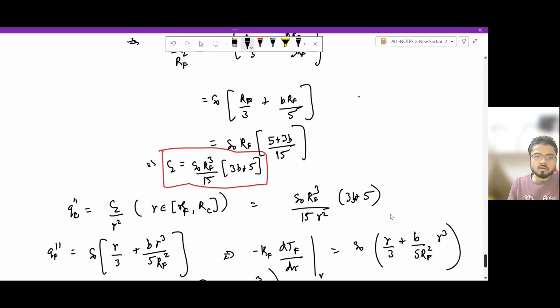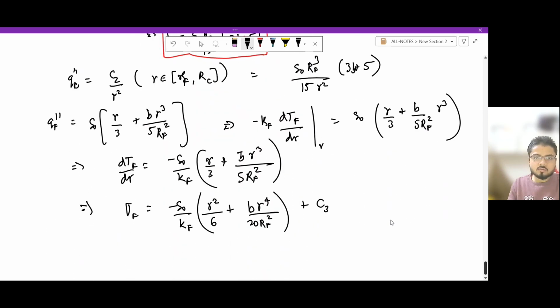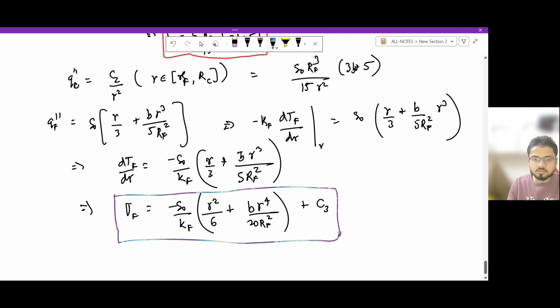Yes, so doing a really similar exercise for QC double prime, first let me mark it with a different color. This looks good actually.